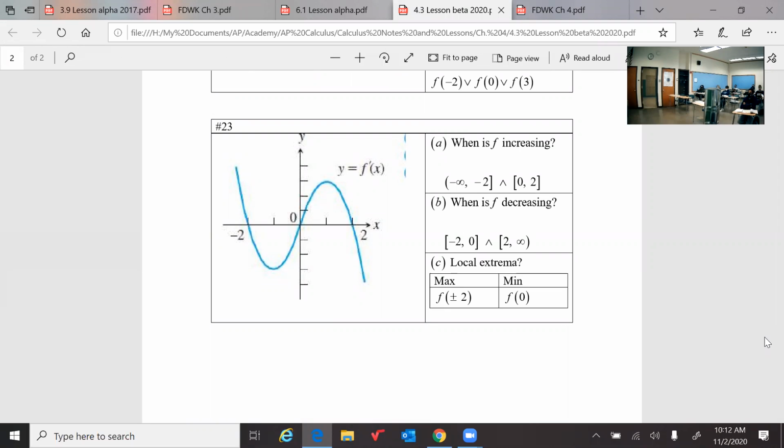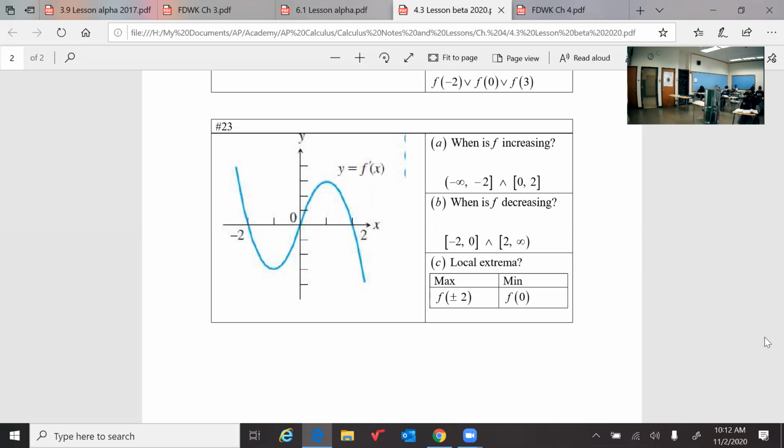Ready? General notation. Infinity always gets parentheses. This bracket at -2 is just telling you the function's continuous there. So you say, well, you got -2 bracket, it's increasing. Down here you have -2 bracket, it's decreasing. It's not doing both at -2. That bracket's telling you that the function is continuous.